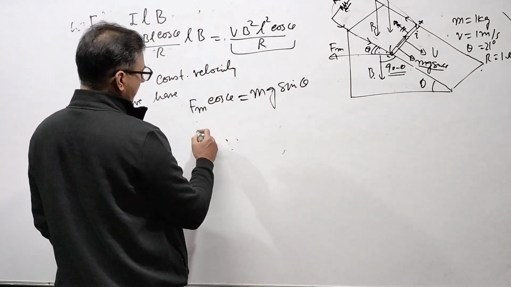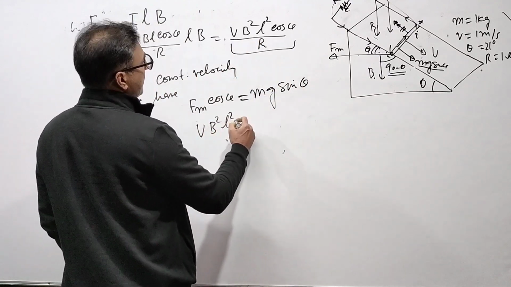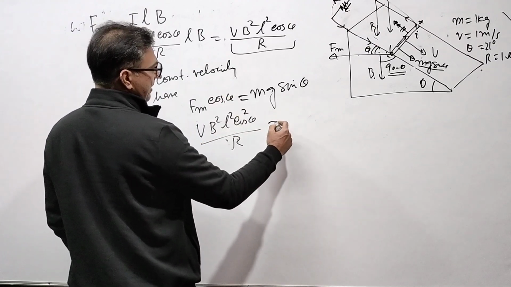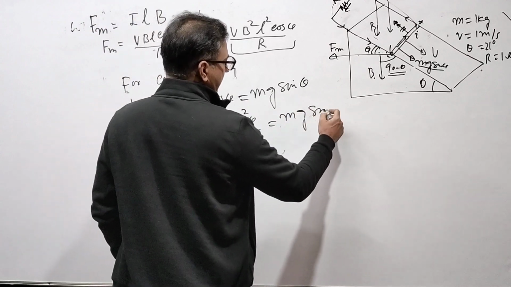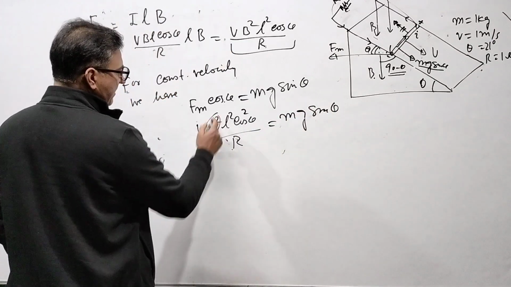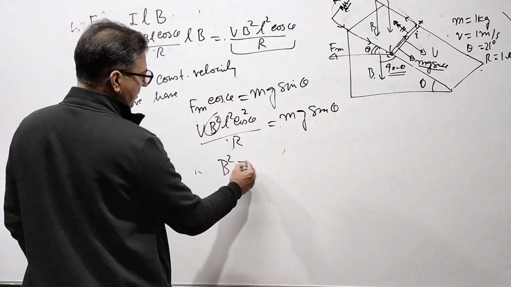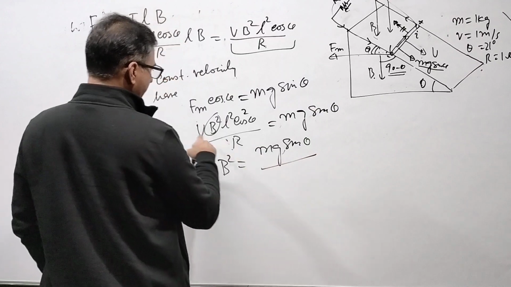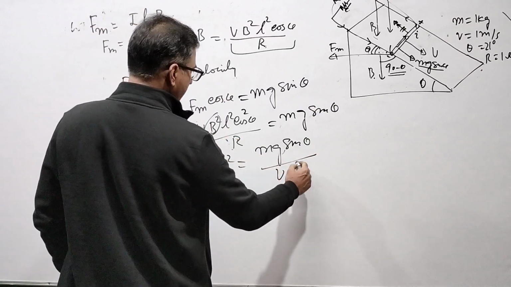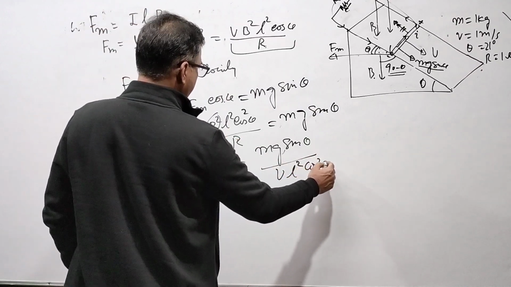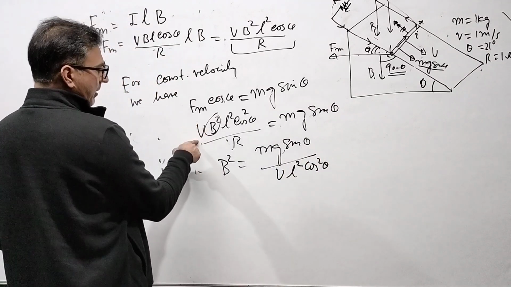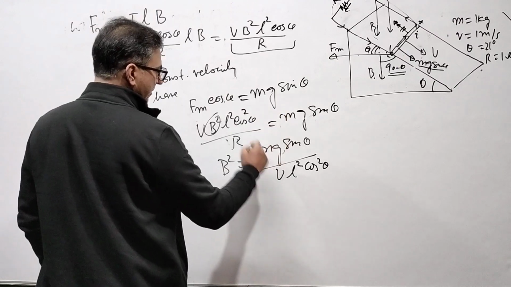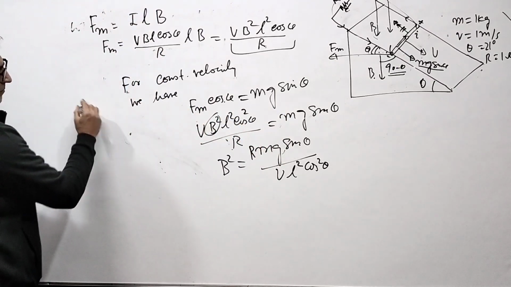So FM is what? V B square L square cos theta by R into cos theta again, equal to Mg sin theta. तो अब B square किसके बराबर? B square is equal to Mg sin theta divided by VL square cos square theta, नीचे, और ये R यहां मल्टीप्लाई होगा. तो B किसके बराबर है?